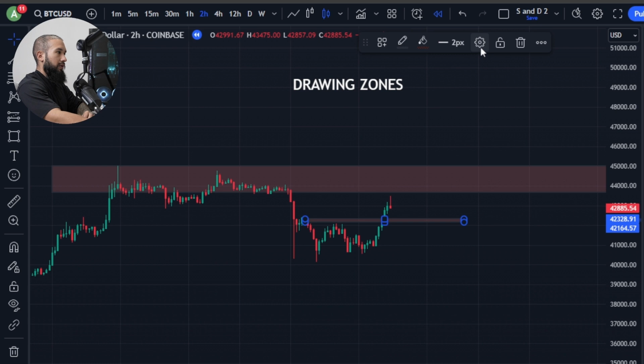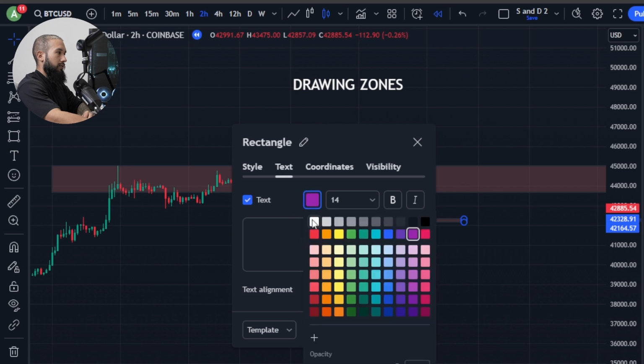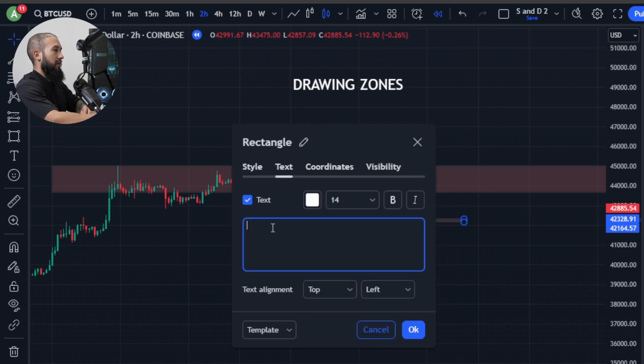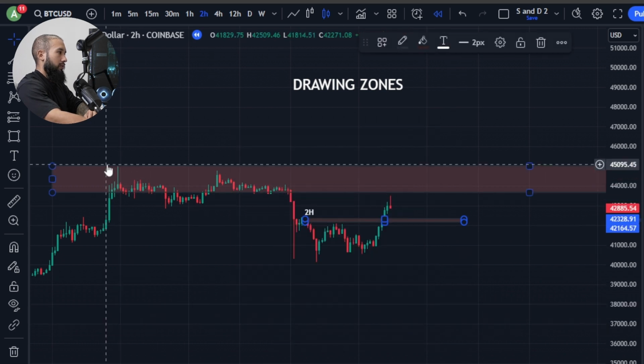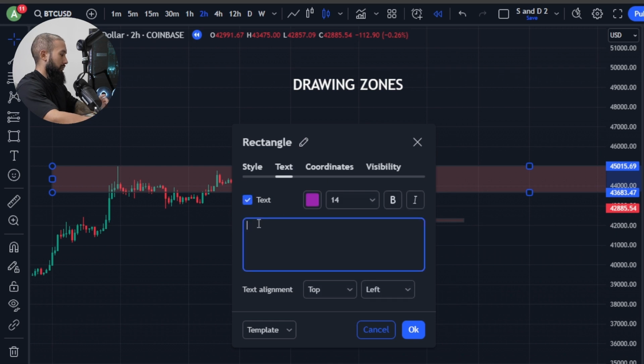Another thing I forgot to note earlier in this video is that when I create my demand or supply zones, I label them under the time frame that they were created from. So this one, for example, that we're testing out to see if it is broken is on the 2-hour. This one earlier was created on the 1 day, so I'm going to go ahead and label that.